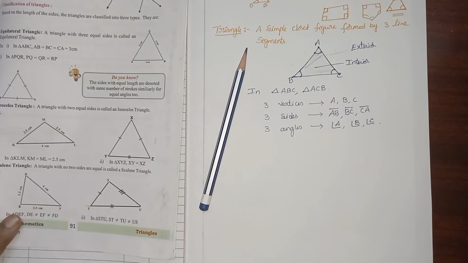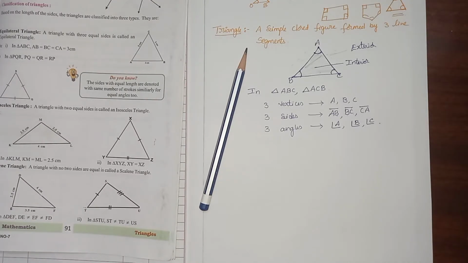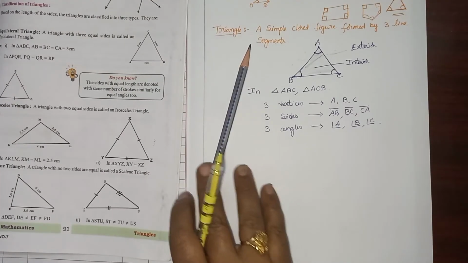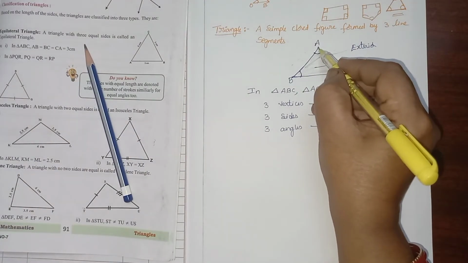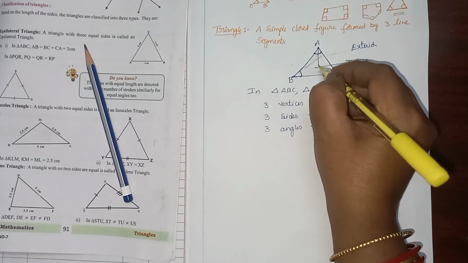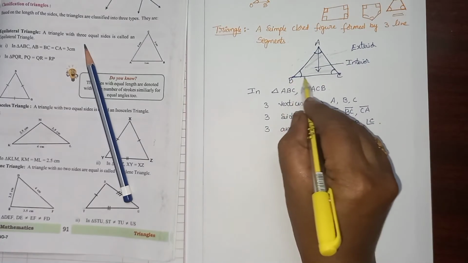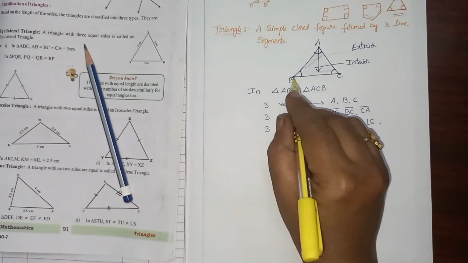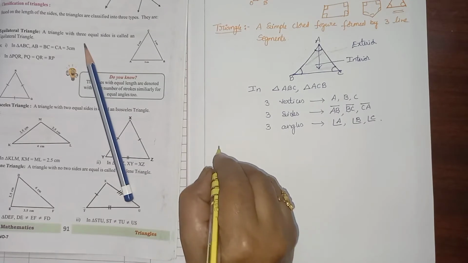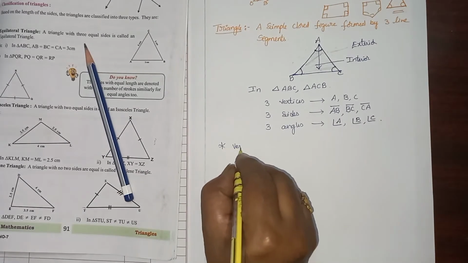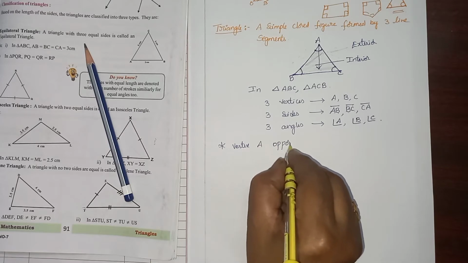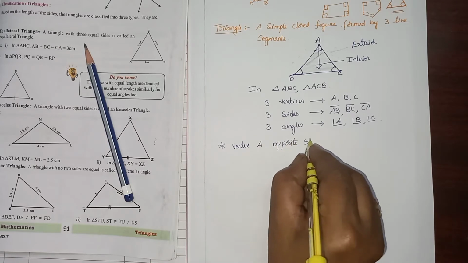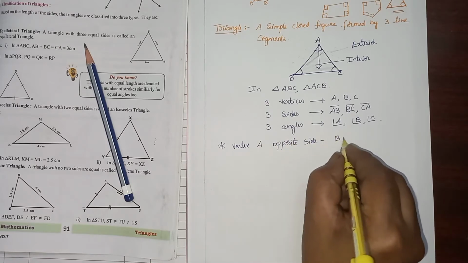Now listen to the review exercise. See, children, in triangle ABC, A is a vertex. What is the opposite side of vertex A? BC. Vertex A's opposite side is BC.